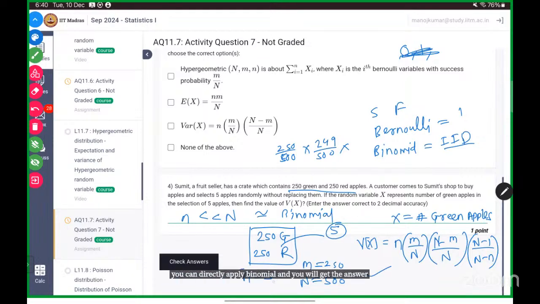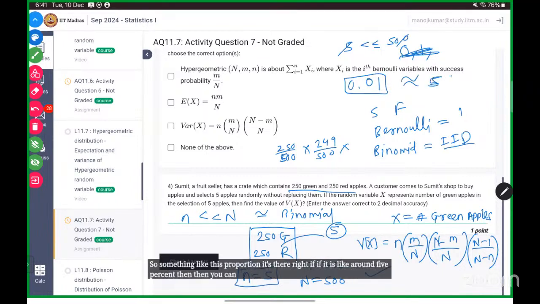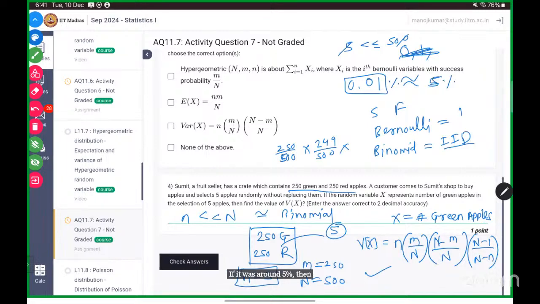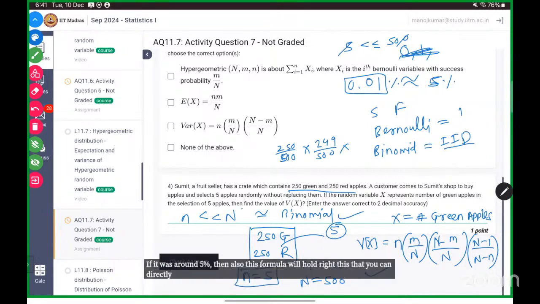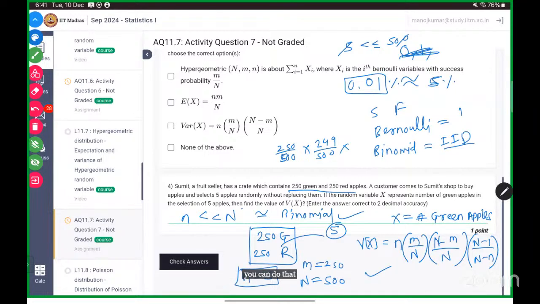In this case, the condition is satisfied, because 5 is very small compared to 500. The proportion is about 0.01. Even if it was around 5%, this formula will still hold, so you can directly apply binomial.